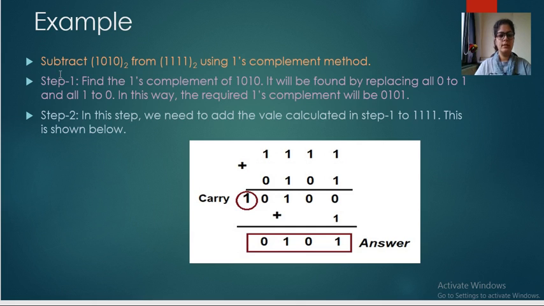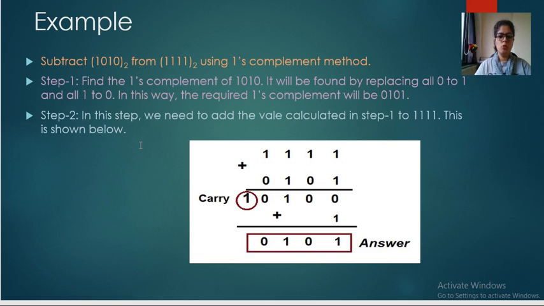Look at step number 1, find the ones complement of 1010. After reversing all the bits, we get 0101, because the ones complement of 1010 is 0101. Step number 1 is done. Now move to step number 2.